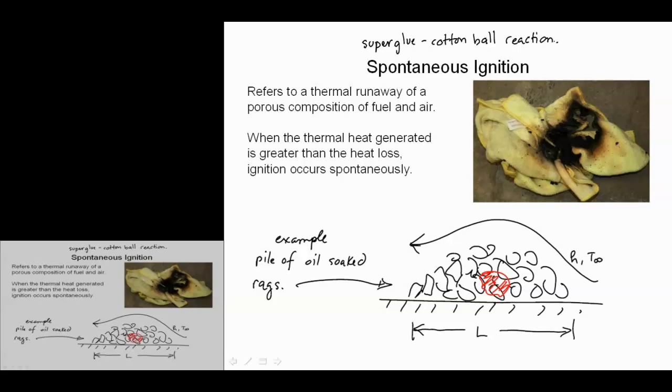Generally these rags get saturated and soaked with the oil, and a lot of times they are heaped together into some garbage can or into some corner in the structure, and we get reactions very similar to the processes that happened in that superglue cotton ball problem.